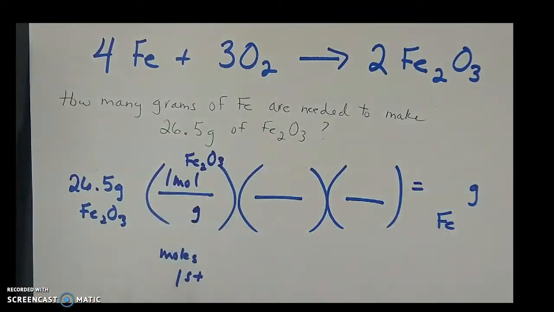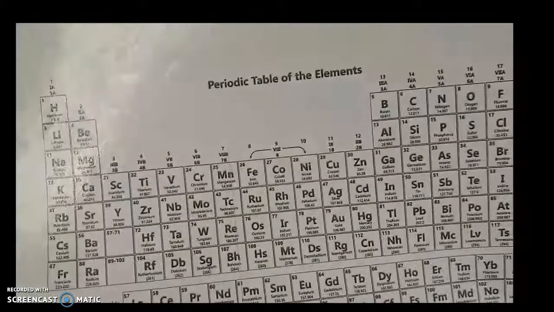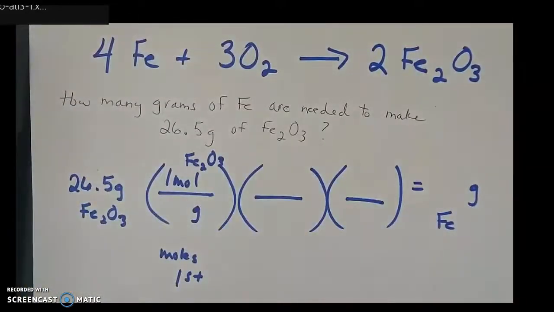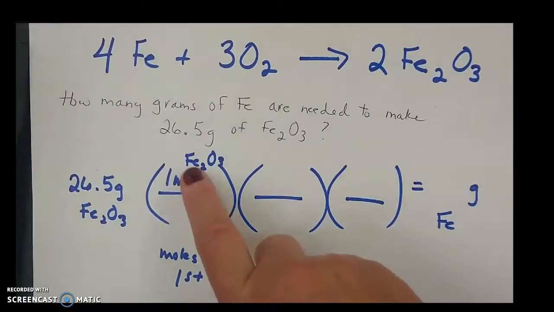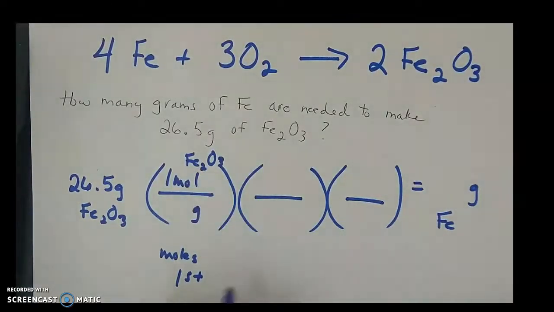So this is where you use your periodic table. Iron 3 oxide has 2 irons. So what I'm going to do is multiply 2 times the mass of iron. And on the periodic table, the mass of iron is 55.85. You have 3 oxygens.